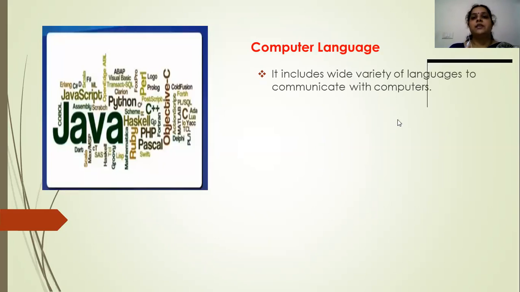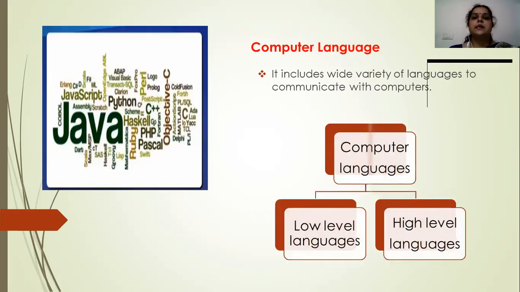There is a wide variety of languages to communicate with computers. Like in this picture you can see Java, JavaScript, Logo, C, C++, PHP, Pascal, and many other languages by which a user can communicate with the computer for different purposes.